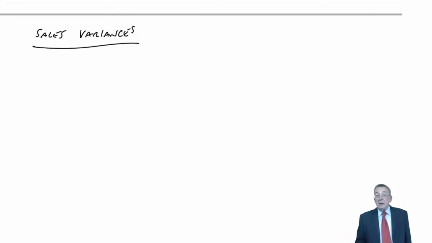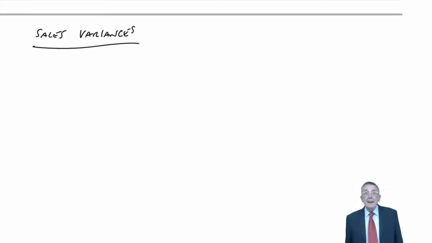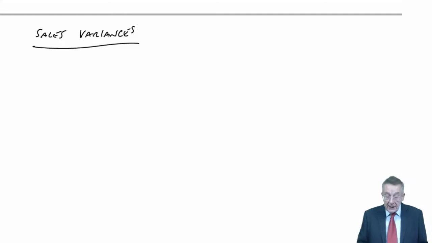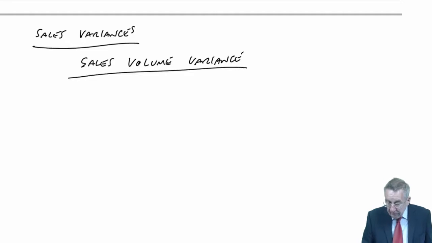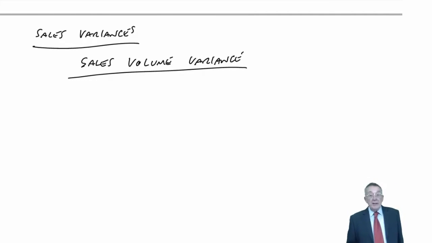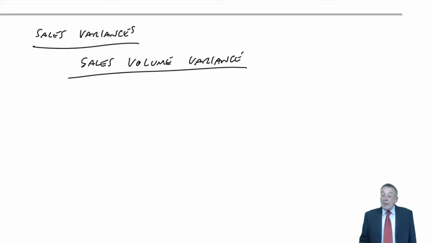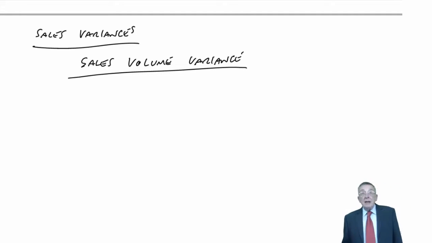And let's look at those two reasons separately. I said the first reason, well, it doesn't matter which you call first, but perhaps the most obvious reason for expecting different from original budget is because we sold more. We call this the sales volume variance. We check to see, did we sell more or less?